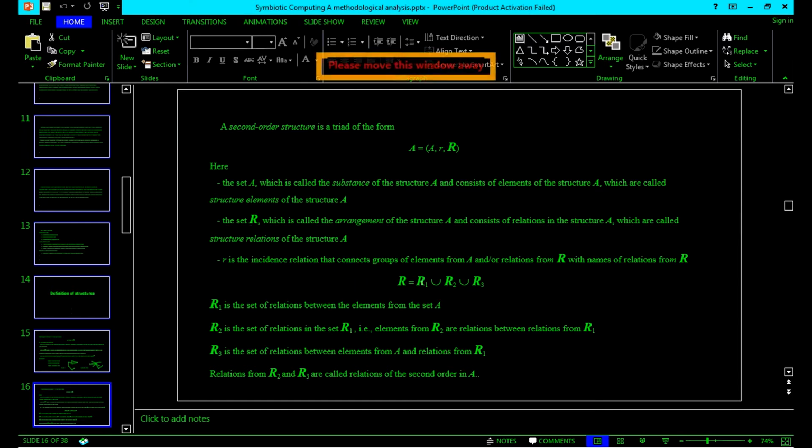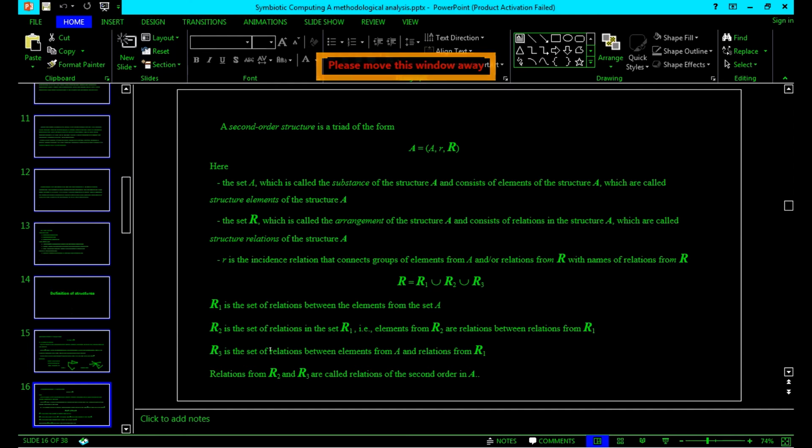So R is equal to R1 union with R2 and union with R3. R1 is a set of relations between elements from the set A. So this is the same as in the previous case of the structure of the first order. Now R2 is a set of relations in the set R1. So it's relations between relations.